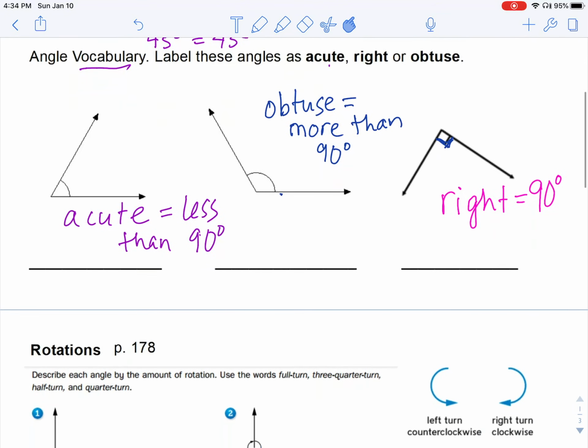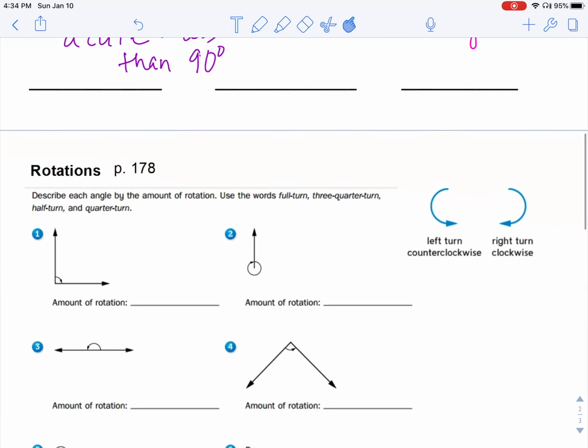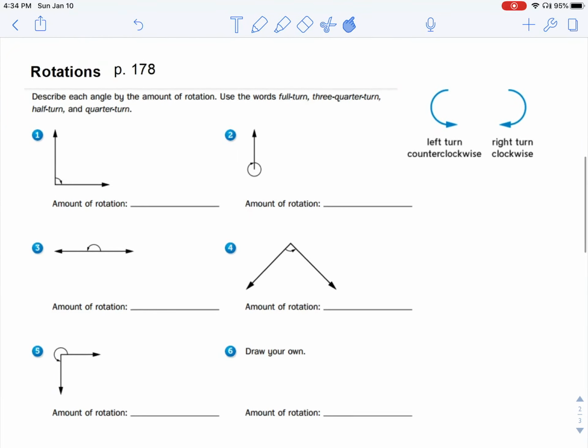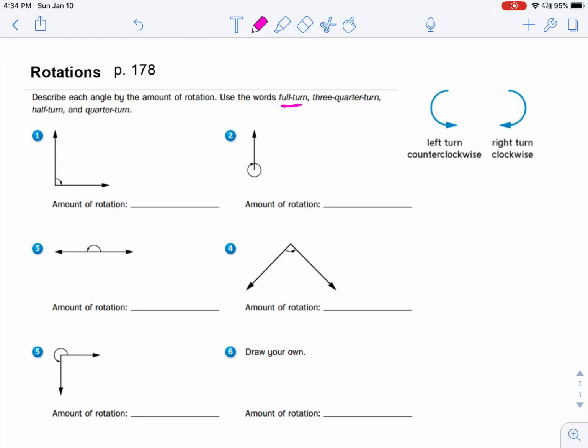So throughout these next few lessons, you'll be exploring angle measures. Today we're just going to talk about it in terms of rotation, and the vocabulary you use for rotation is full turn, three-quarter turn, half turn, or quarter turn. And we can also learn these terms counterclockwise and clockwise, depending on the direction the arrow is pointing.